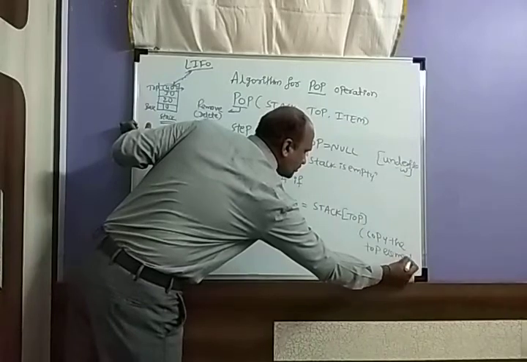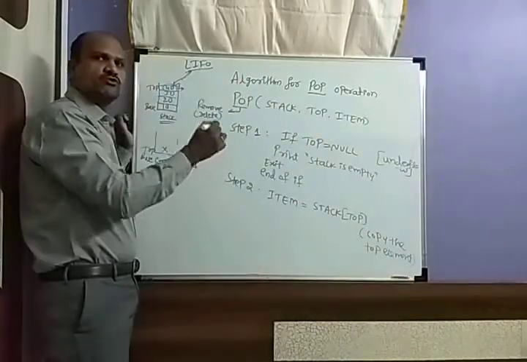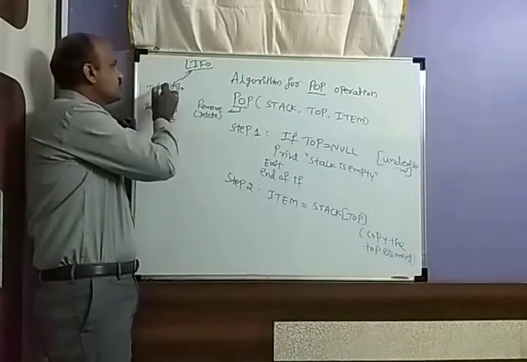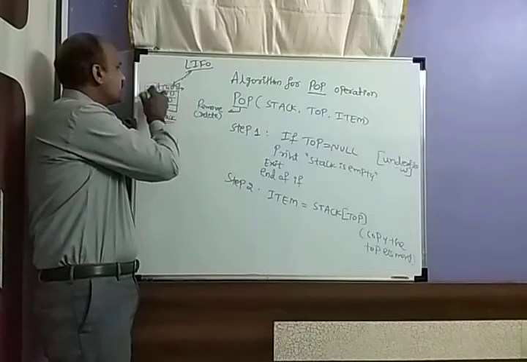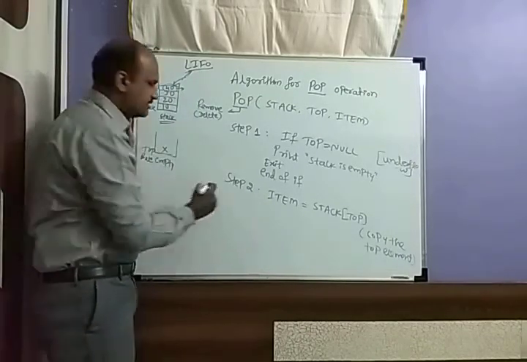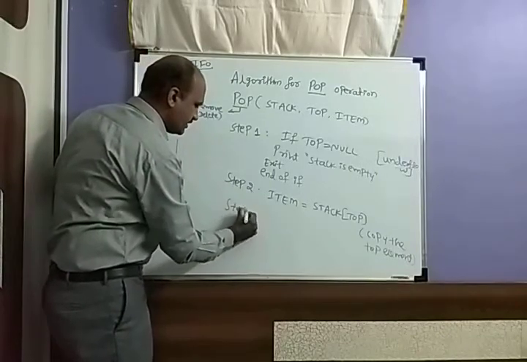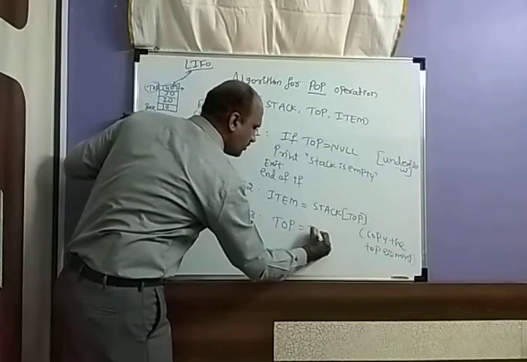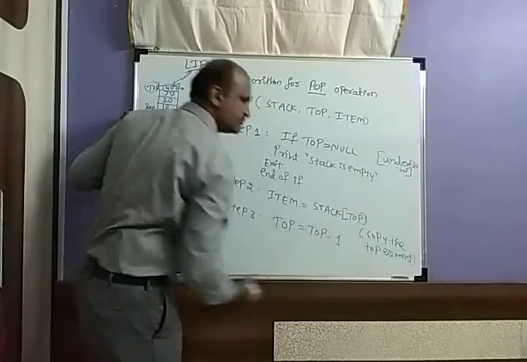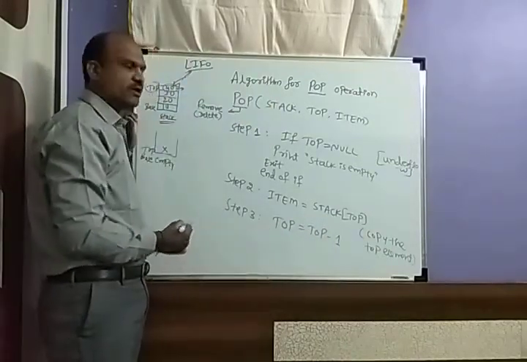First you have to copy the top element, because you should remove only the last one in, where the top is present. Then step 3, very easy: top is equal to top minus 1.